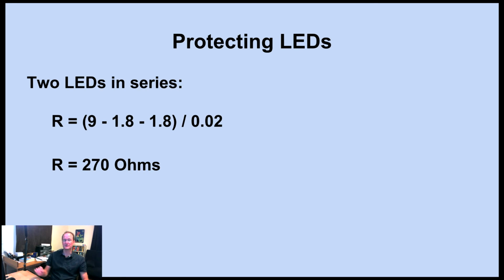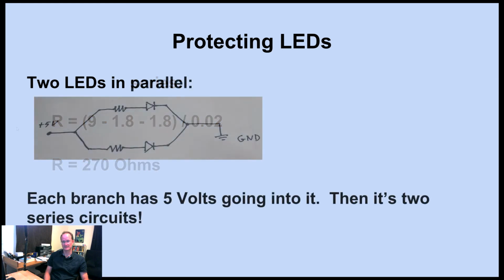If you want to protect two LEDs in parallel, let's say you want to make something like a string of lights that's going to go along the top of one of your projects and have a bunch of light coming down. You're going to need several LEDs, and you'll want to wire them in parallel. And you'll notice that in this diagram I have your 5-volt power supply, which then splits, and 5 volts goes through a resistor and the LED, and 5 volts goes through the other resistor and the other LED.